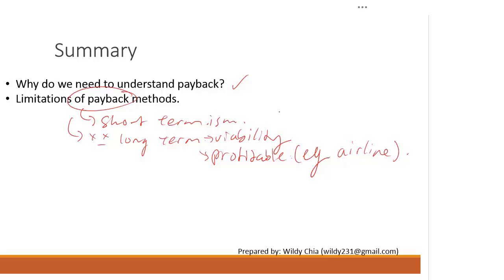These are very expensive equipment and assets to acquire, which means, would the airline be able to achieve payback soon, maybe say in a few months time? Not very likely, but airlines can be extremely profitable if they operate over a few years, right? So payback may not be soon for an airline, but we know that airlines generally can be profitable, given the time, right? Okay, so that's the issue with payback. Not the best method, but at least it tells you whether, in the short term, an investment or project is viable.